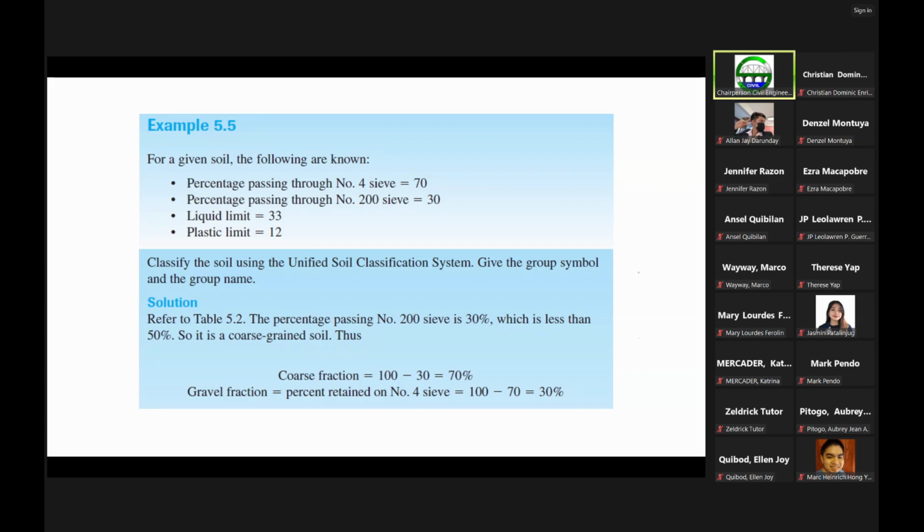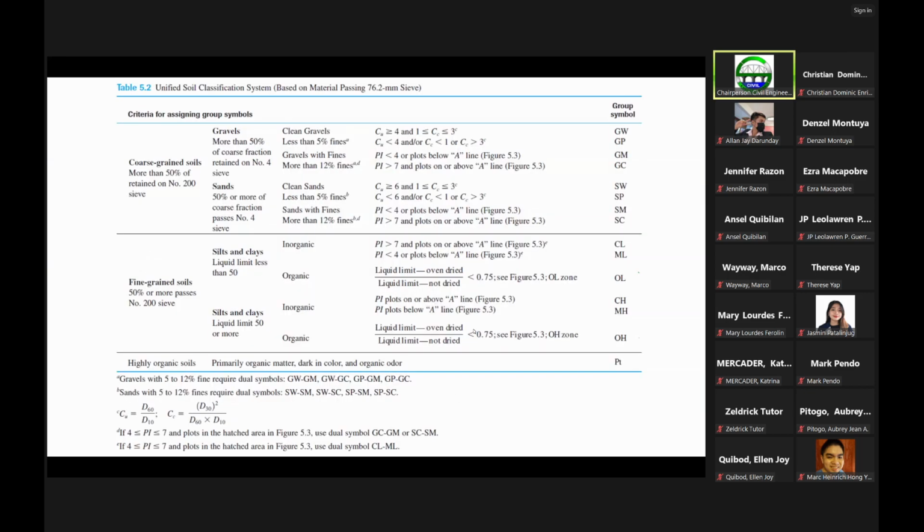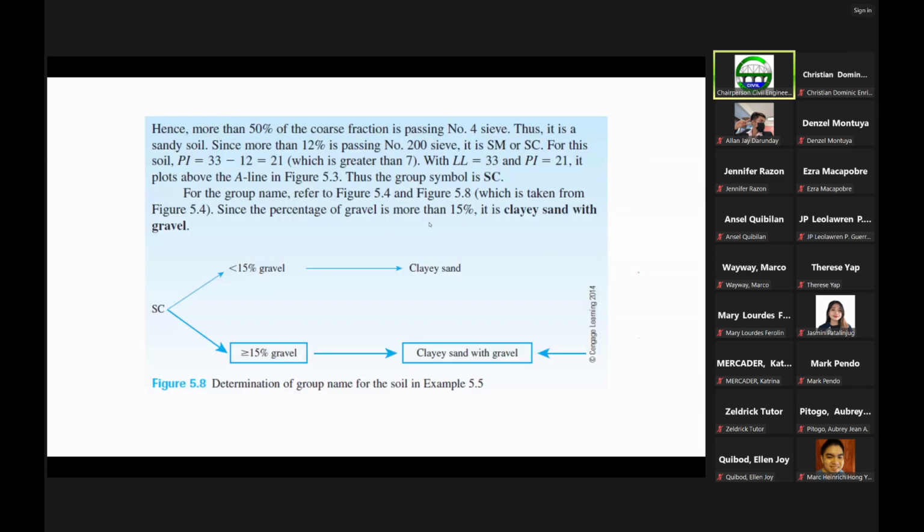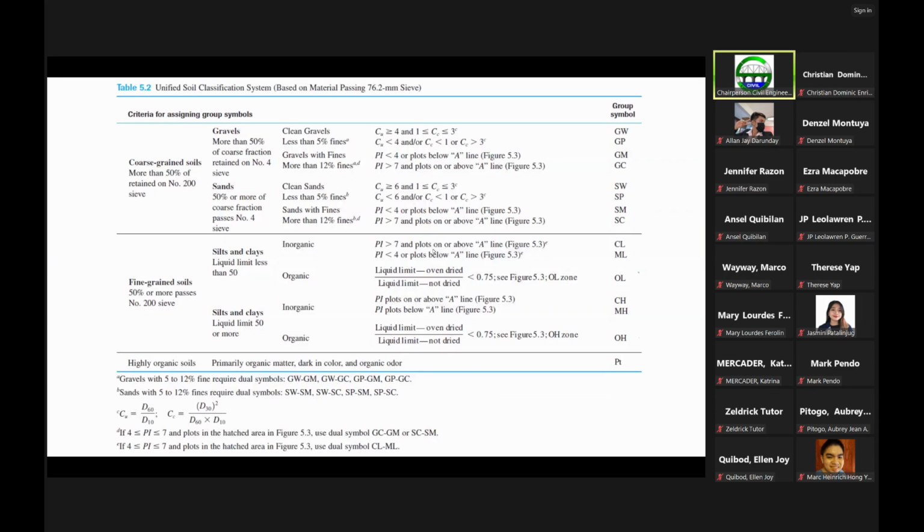So again, you refer back to the table. The percent passing number 200 is how much? That's 30, so that's less than 50%. Less than 50% passing number 200, or if that is 30% passing number 200, that's equivalent to 70% retained.